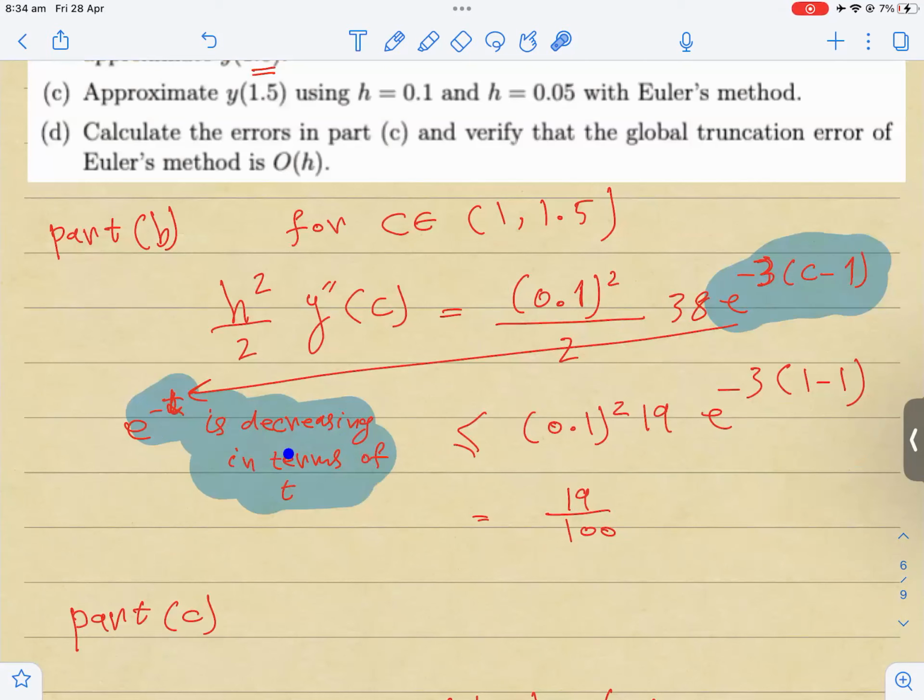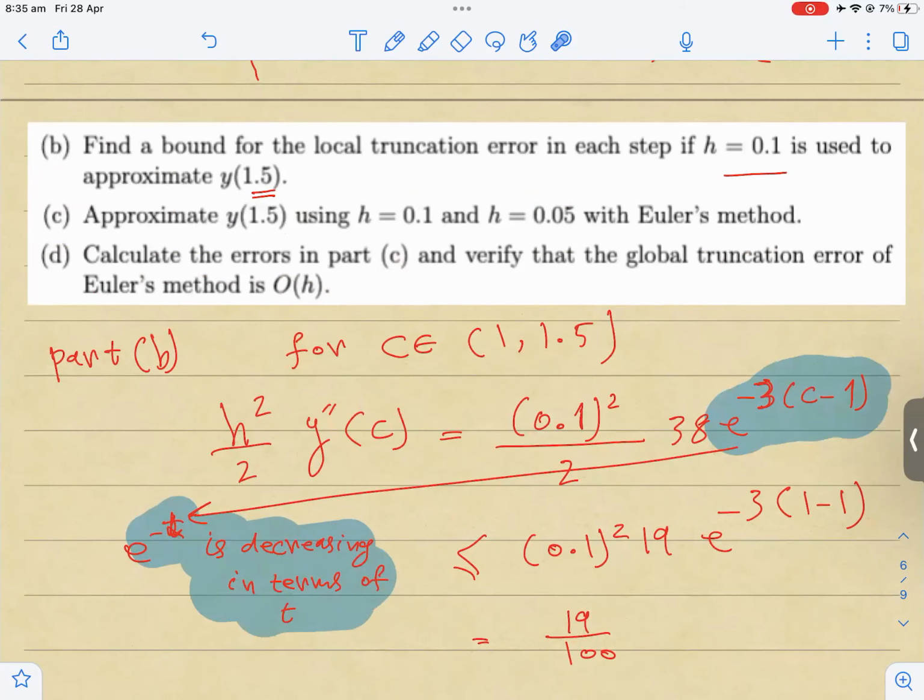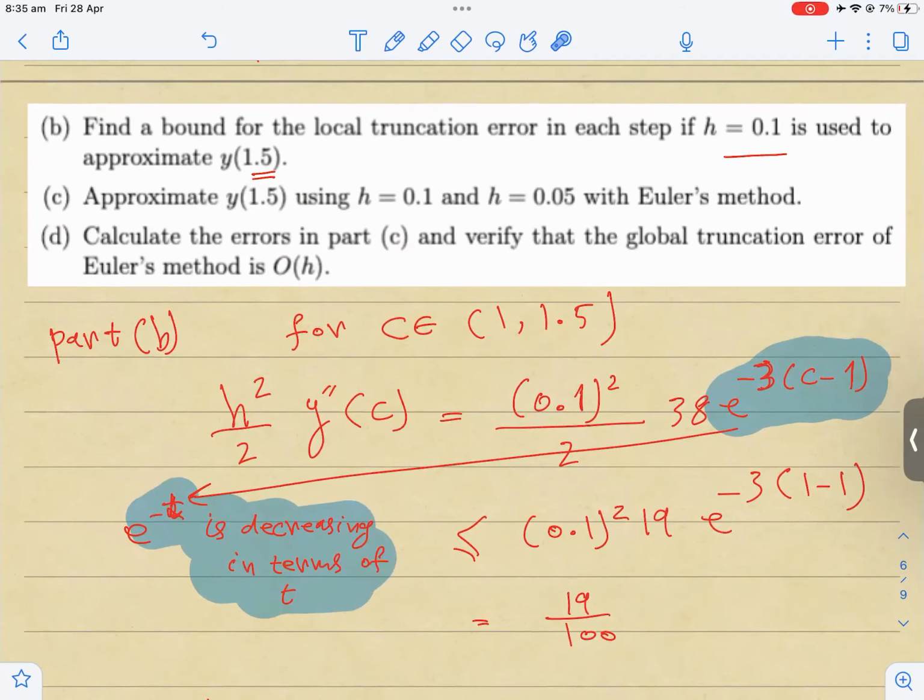So if I want to obtain an upper bound, I will choose the minimum of this argument, which means c equals 1. If I wanted the minimum value, I would choose c equal to 1.5, but we want the upper bound, so it means c equals 1. If I substitute here, it will be 1900s. Any question? All right.